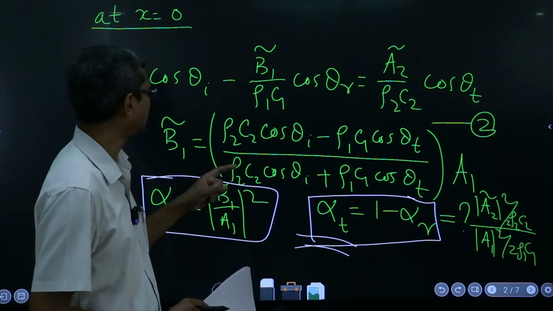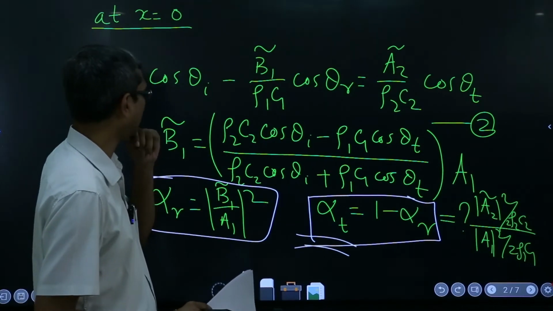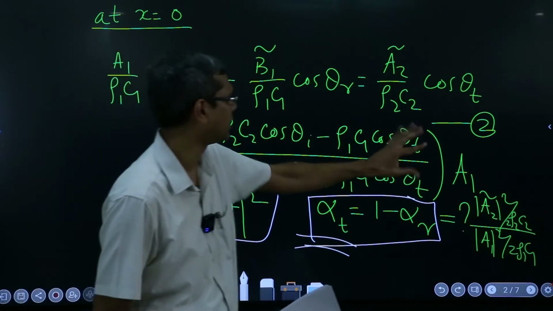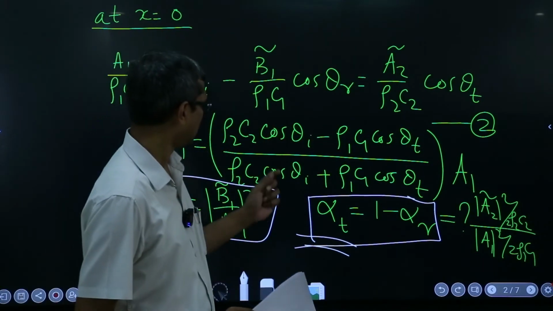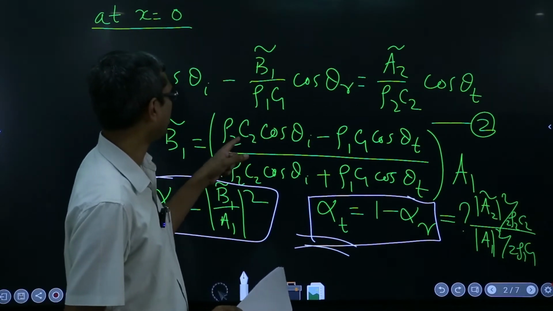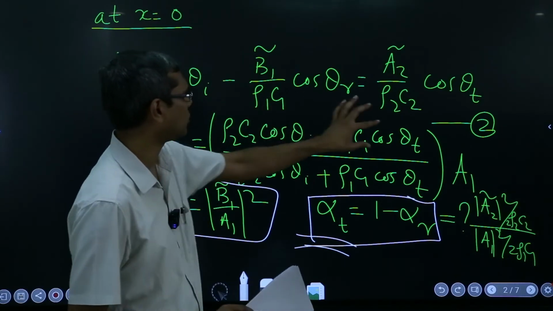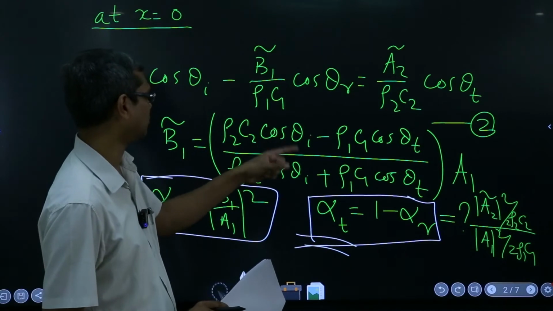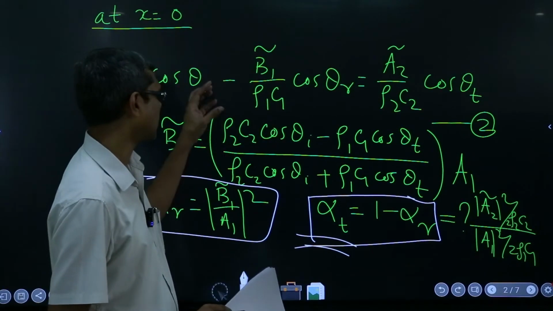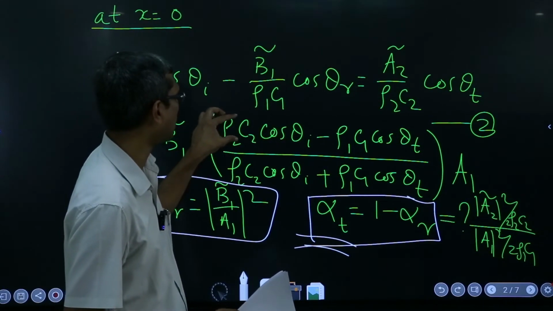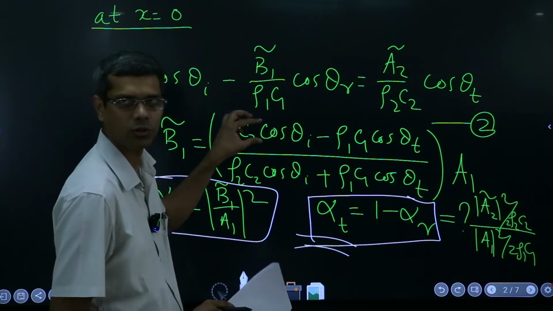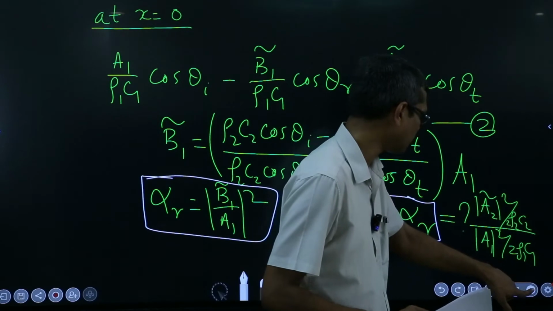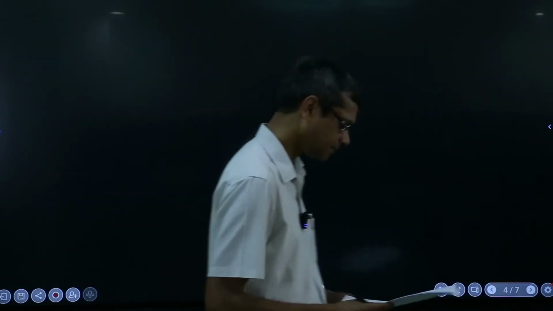Now we will start with the expression for alpha r, okay, which is the square of this. Now you just think what happens when this is equal to this, right? Because you can choose now theta I. Earlier you were having only rho 2 c2 and rho 1 c1 as parameters, but now theta I and theta T also are parameters.